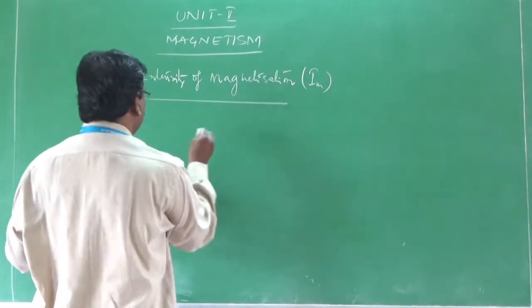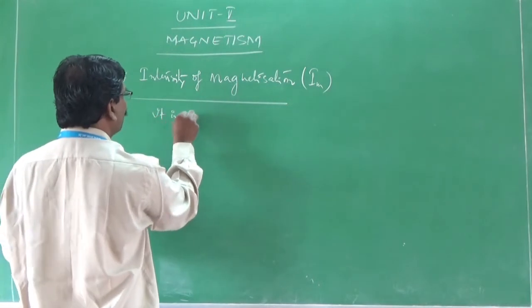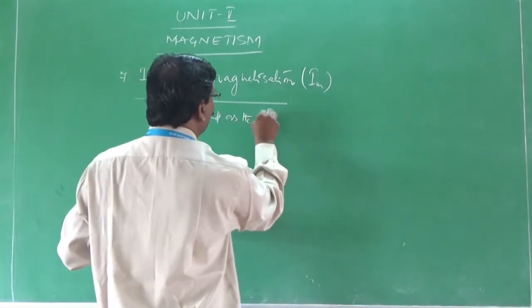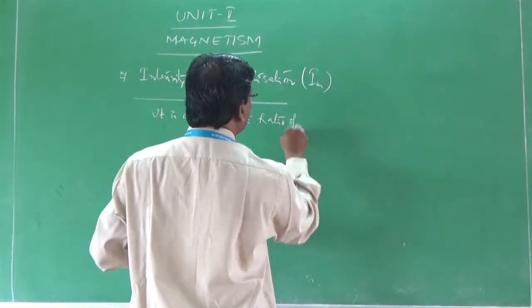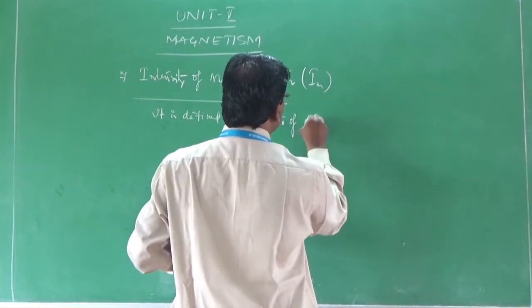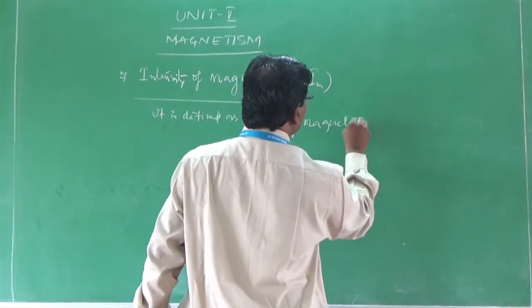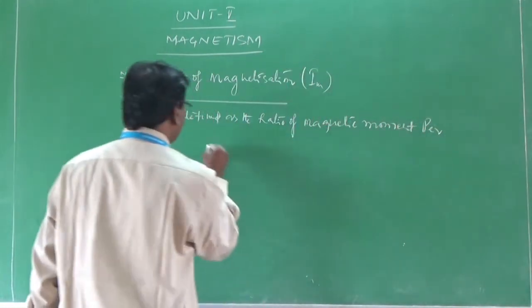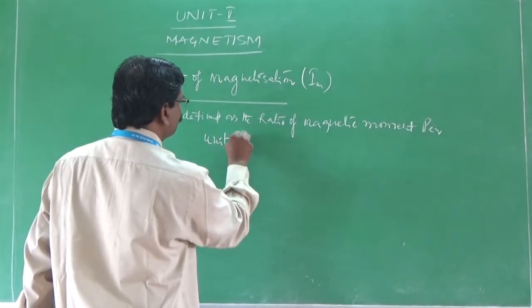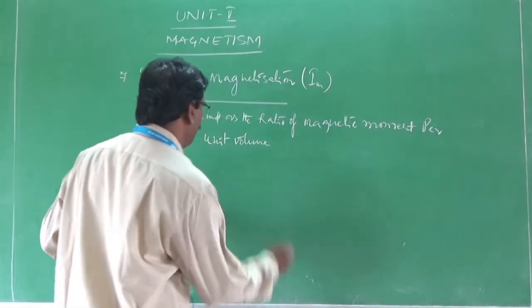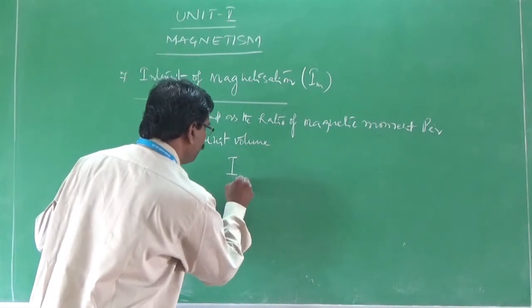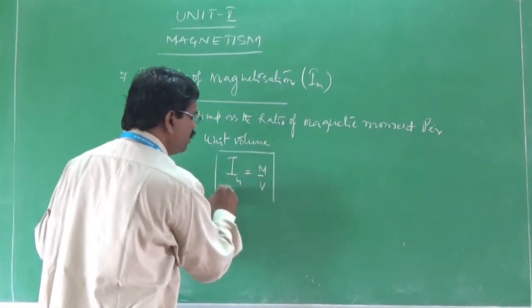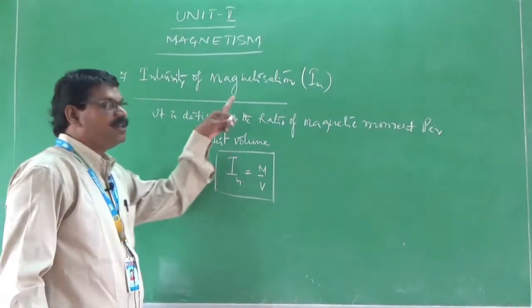So how do we define this? It is defined as the ratio of magnetic moment per unit volume, and it is represented by I suffix M is equal to M by V. This is the standard definition and mathematical notation for intensity of magnetization.